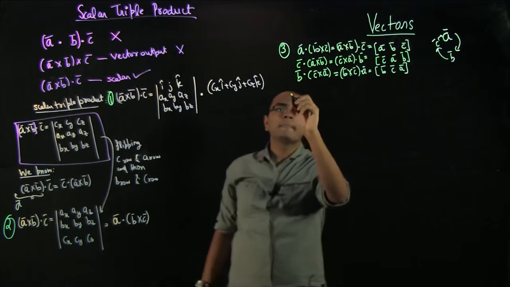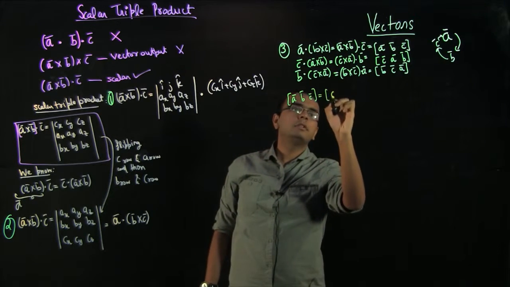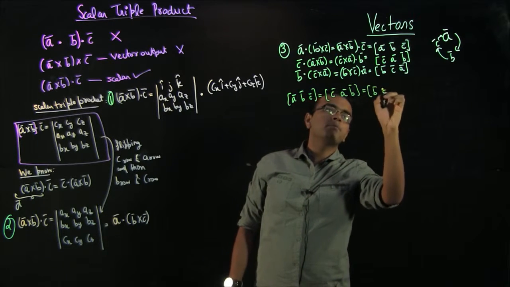In other words, [A B C] is equal to [C A B] is equal to [B C A].